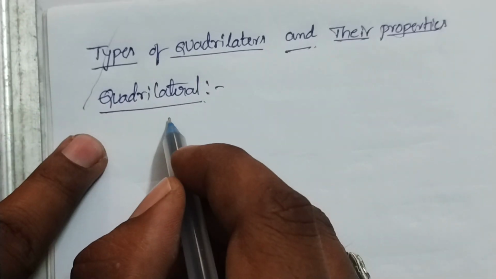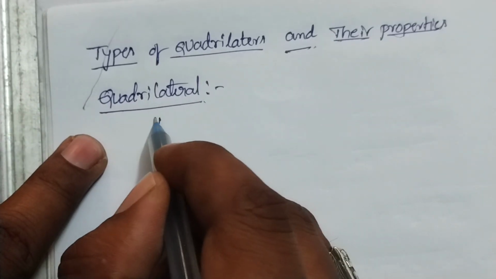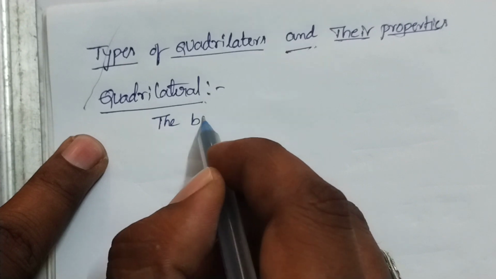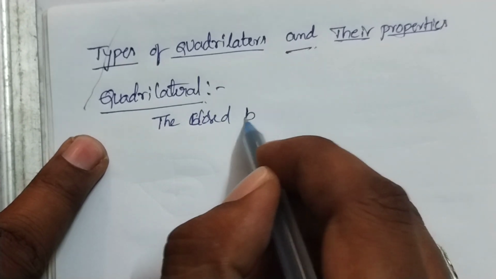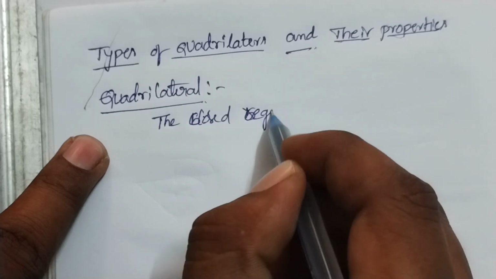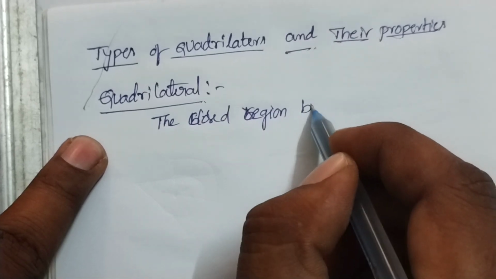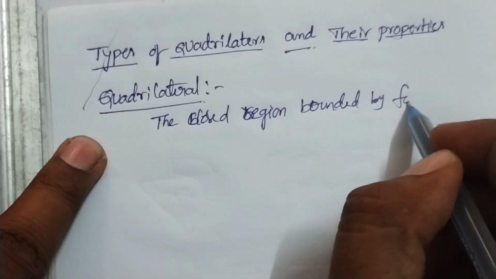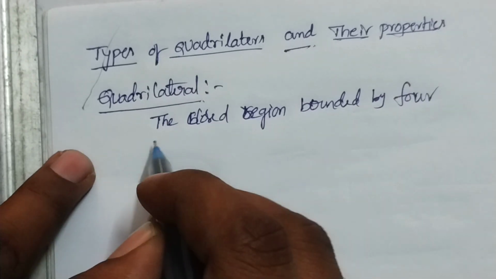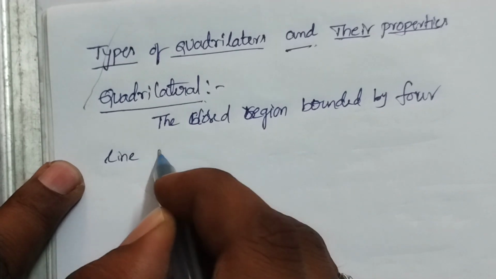A quadrilateral is a bounded region, or closed region, bounded by four line segments.